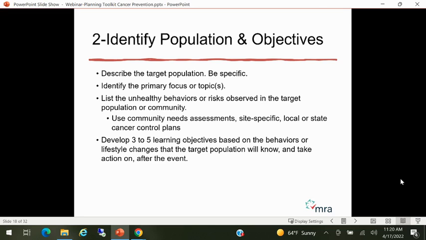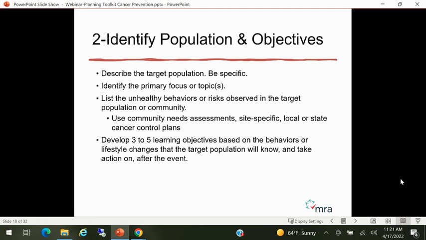Be as specific as you can so that you can use this further down the road when you're defining your content. And then again, what's the primary focus or topics? You don't want to just say breast cancer prevention. Are you targeting alcohol consumption? Are you targeting genetic risk? Are you targeting smoking? These kinds of things. You really want to narrow the field, and then that will help you also as you do your content development.